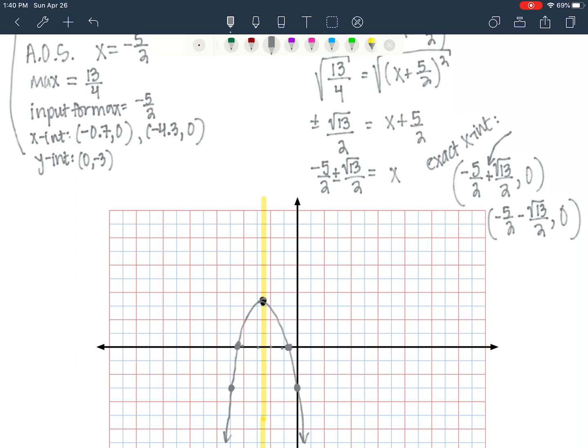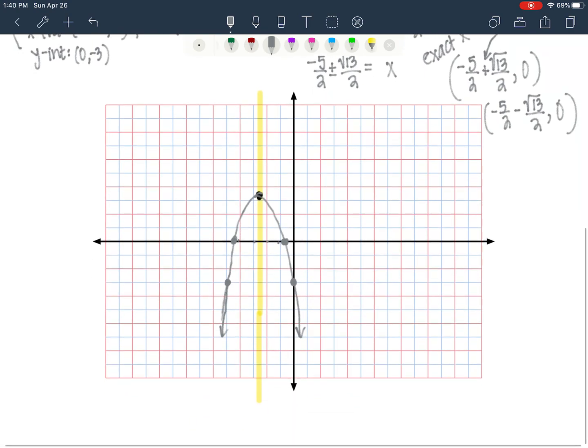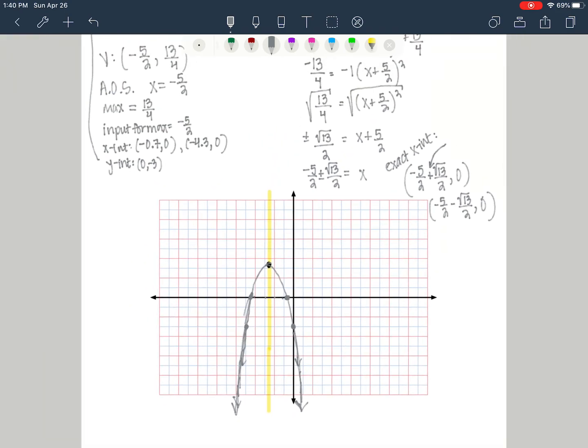Now, we could put some more points in there if we want to get even more accuracy, but I think this is a pretty good job. I just like to extend my parabola so that it exits the grid. It looks a little bit nicer that way. Now, before we go on to our next example, I just want to make sure that we can identify the domain and the range.